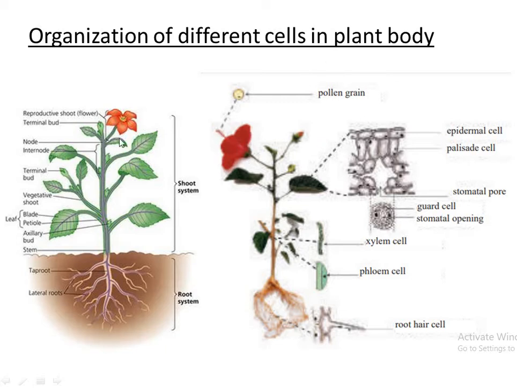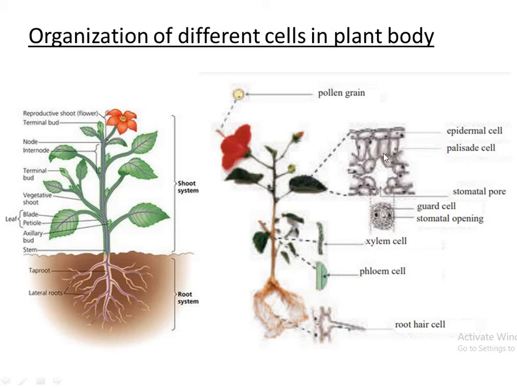Here you can see the flower, and in the flower you will see the pollen grain, and then you get the stem, and you get the roots, and in this stem you will get the phloem cell, and you will also get the xylem cell inside the stem. And this leaf, you can see something like this when you take a cross-sectional area and observe it under a microscope.